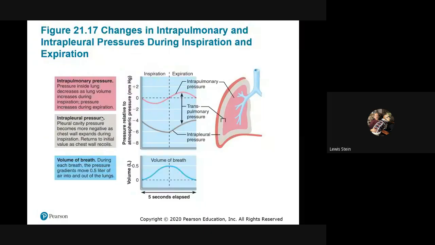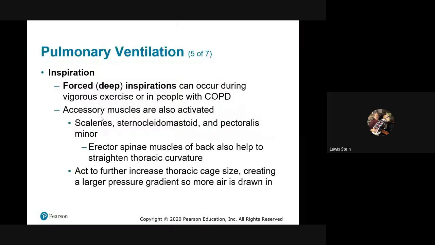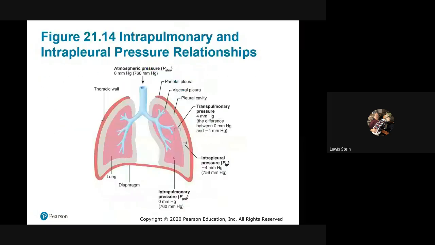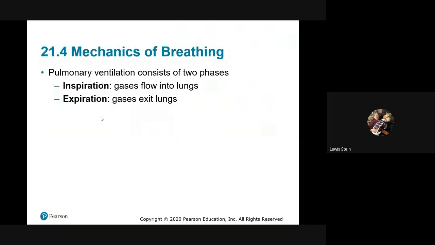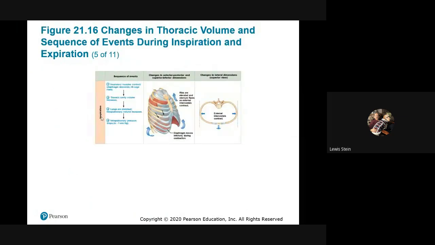When I flip back here just a little bit, see if I can get to that one slide. We went through all of that stuff. Going forward, you might remember we were talking about the amount of air that was moving in and out.